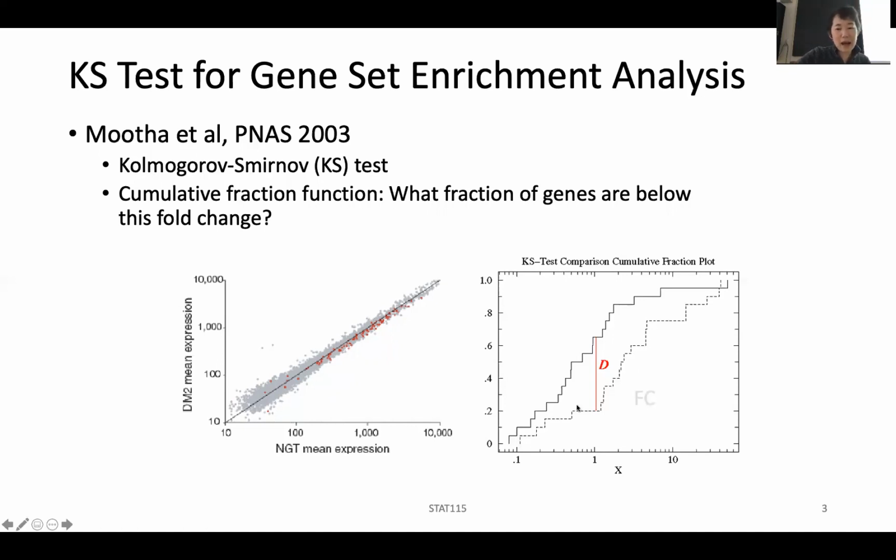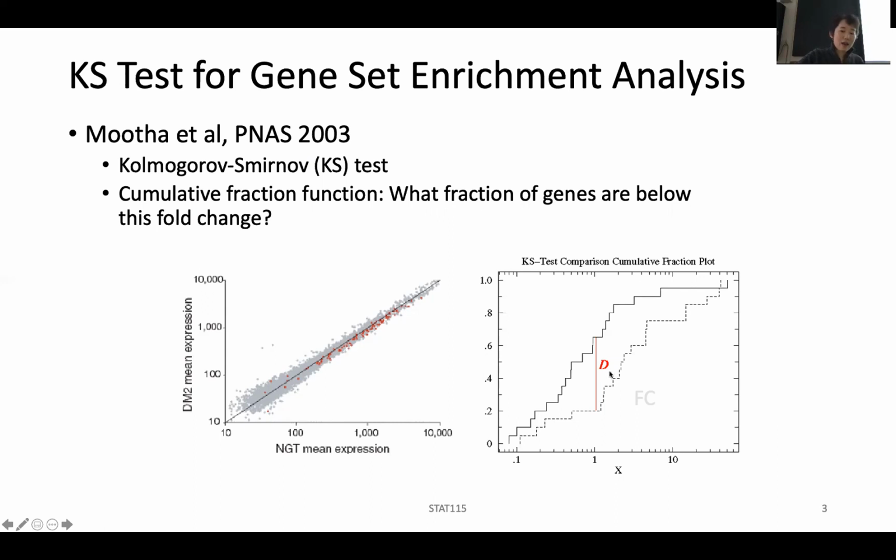That's your background distribution. Then you ask, for my gene set of interest, which is defined as sharing a particular gene ontology code, how many percent of these genes have a fold change. So the y-axis is the percentage of genes in this group that have a fold change below 0.1, below 0.5, below 1, below 10, and so on.